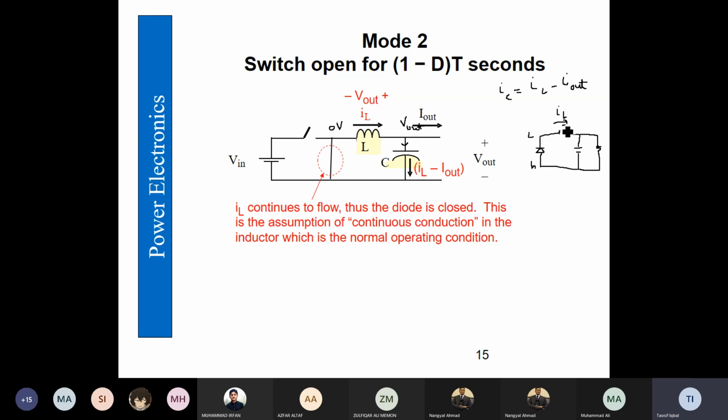This voltage is generated because of the inductance, because it was charged and we suddenly switched off the voltage. Therefore, the inductor will generate a voltage spike which will force the diode to become forward biased, and this diode will provide the current path for the inductor.